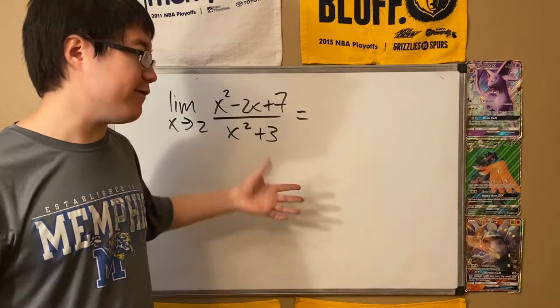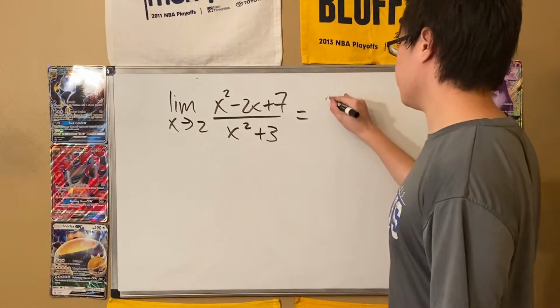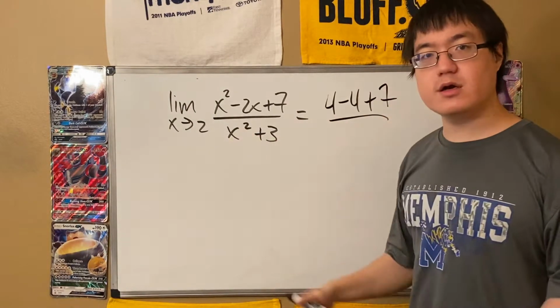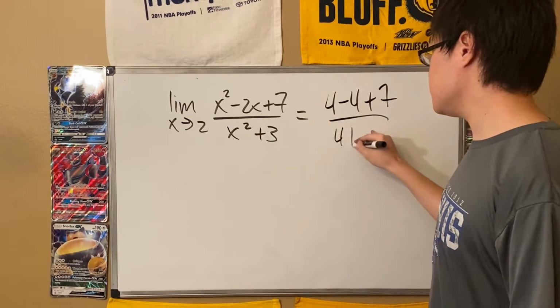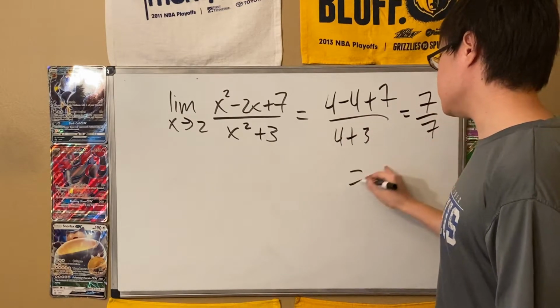So again, in order to evaluate this limit, all we're going to do is plug in the number. So it's going to be 4 minus 4 plus 7 on top. Then when you plug in 2 here, it's going to be 4 plus 3. So it looks like we have the nice number of 7 over 7, so this limit is 1.